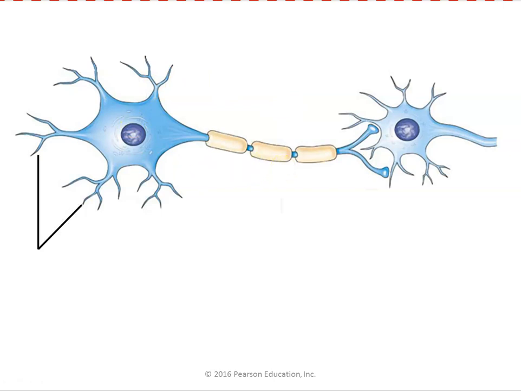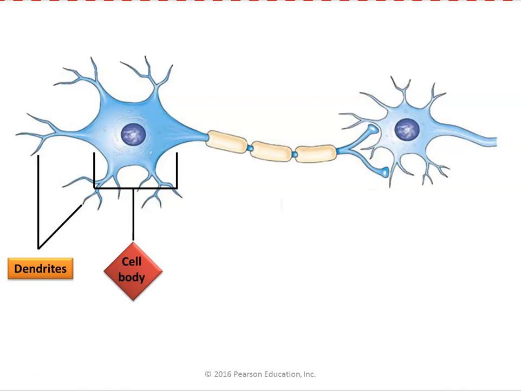Now, these tree-like branch structures are the dendrites, and this portion of the neuron is the cell body. A neuron will receive signals in the dendrites and the cell body, and we'll be doing that today. Now, remember, a neuron does something called integration, and it integrates at the axon hillock, aka the trigger point. I don't care what you folks call it, just as long as you know that behind the axon hillock is a mechanism of integration.